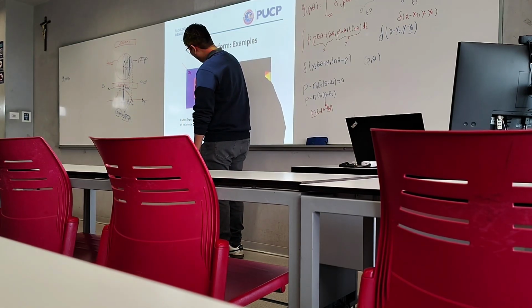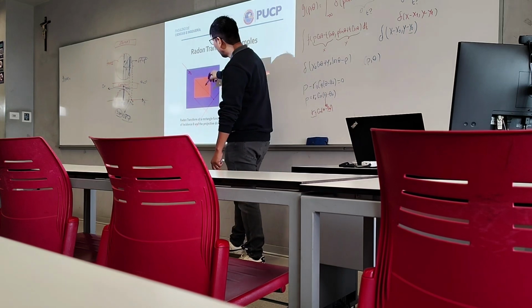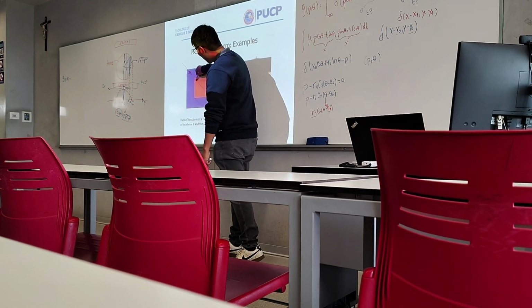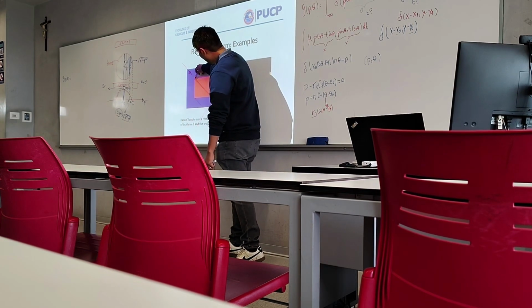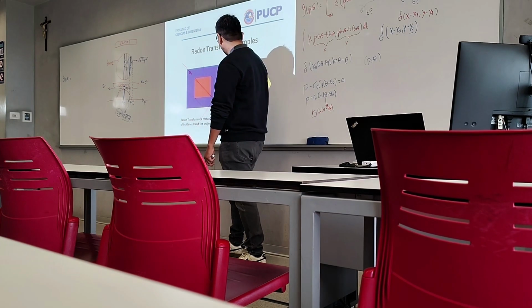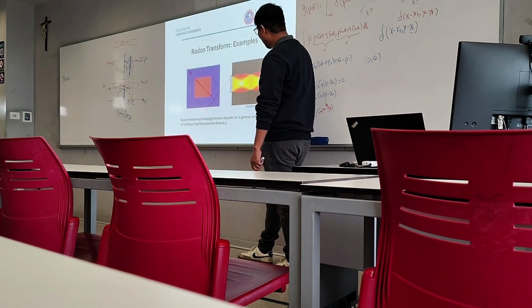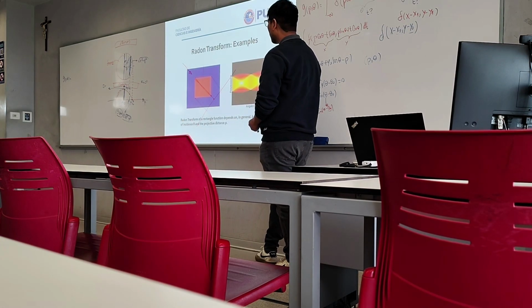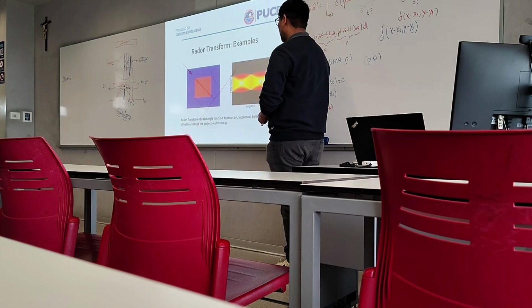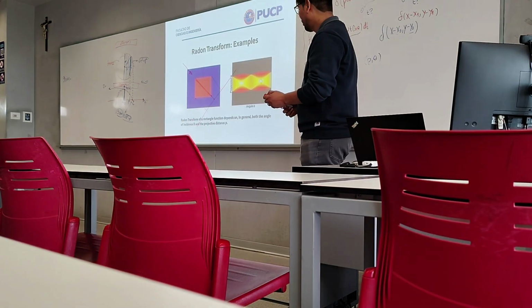It will be something here, and some maximum value around this position. So it depends on this total length. In fact, the projection at 45 degrees in the center should be larger than the projection for 0 degrees. Right? That's why this intensity here is in fact larger than the rest. Any questions?